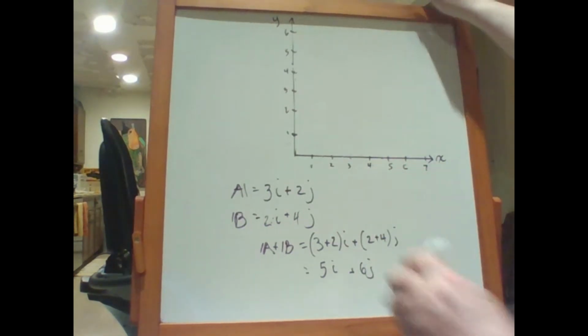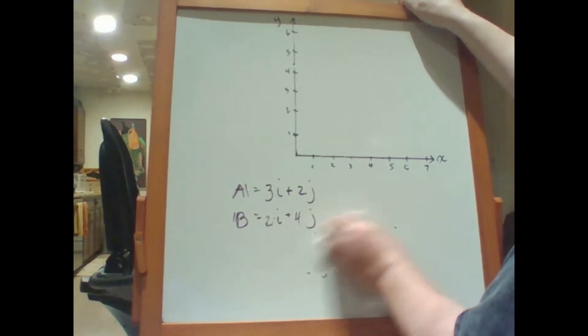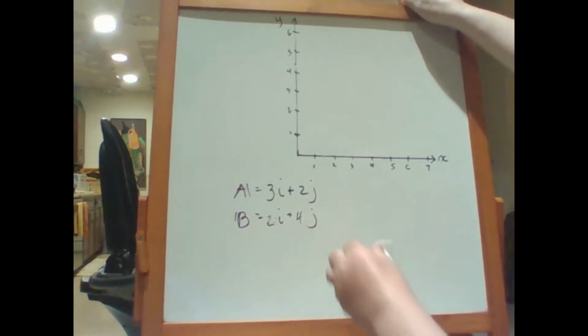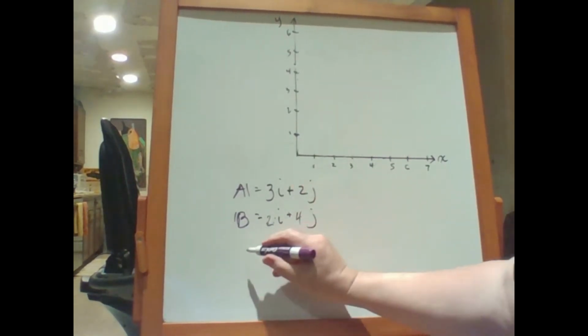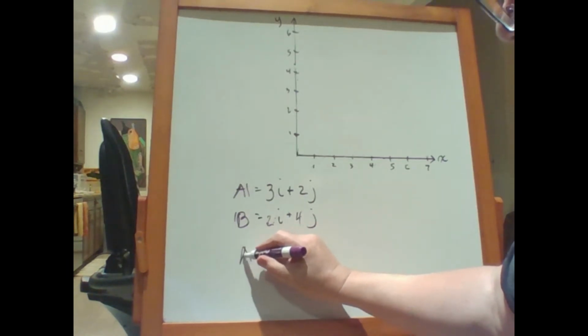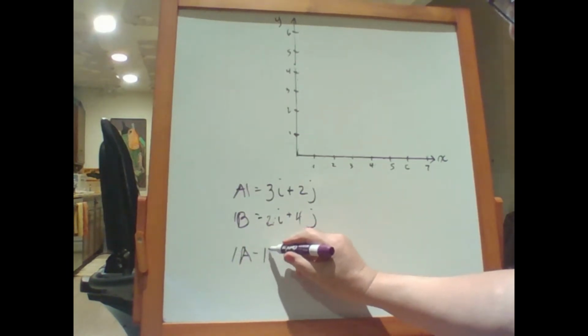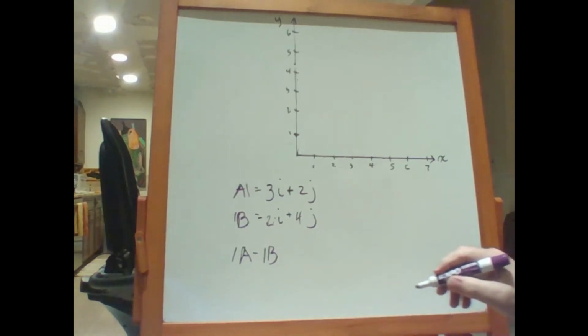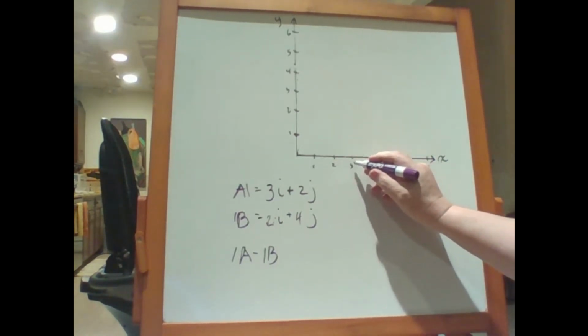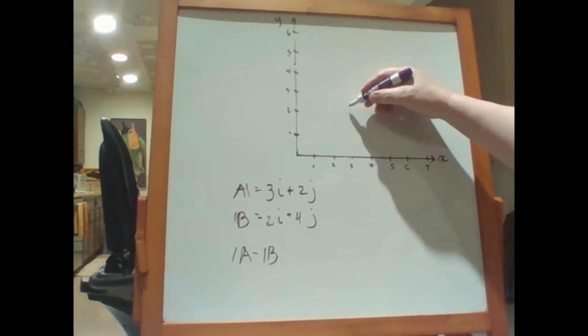Okay, let's say we had these two vectors, and we've got the problem A minus B. Well, A again is 3I plus 2J up in this direction.